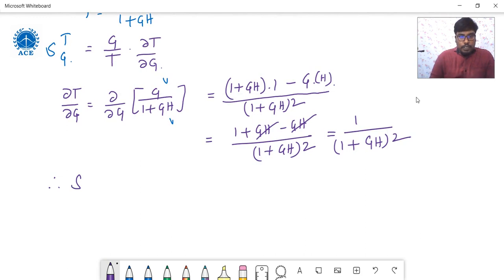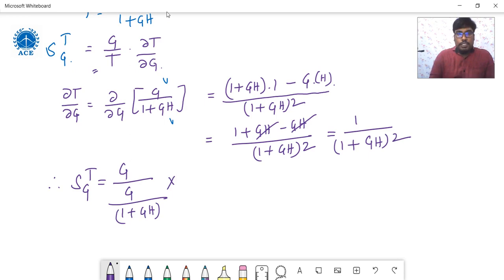Therefore, the sensitivity of the forward path G is equal to, so we have this one, G by T. So G, what is the T here? T is nothing but the overall transfer function, G by 1 plus G into H, right? Into this term. This term we already got, that is 1 by 1 plus GH whole square.